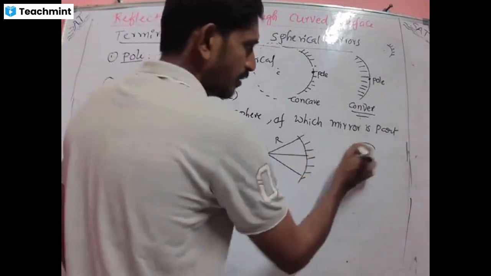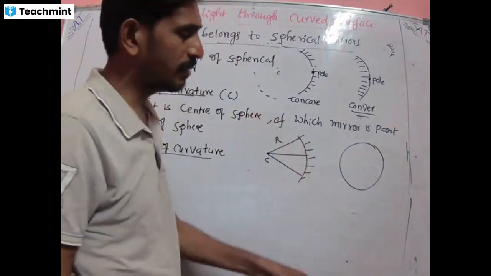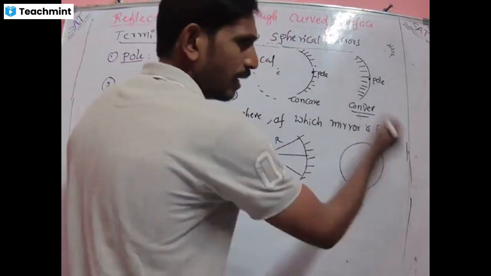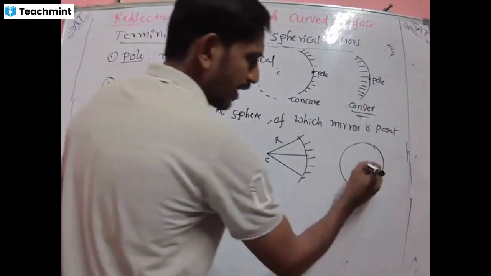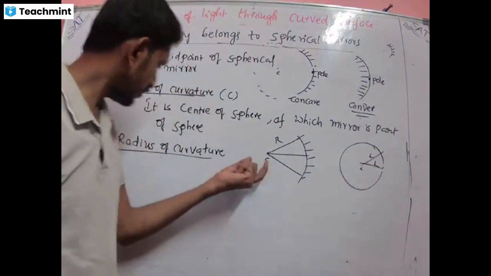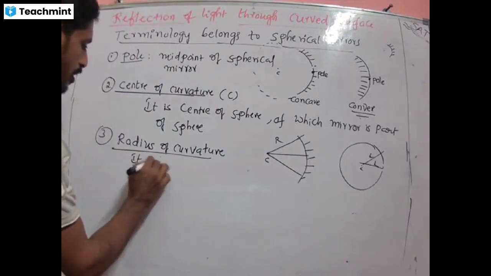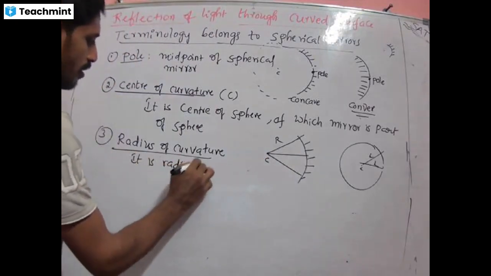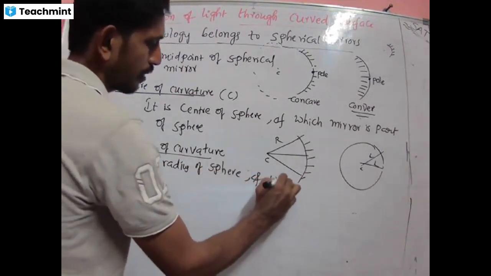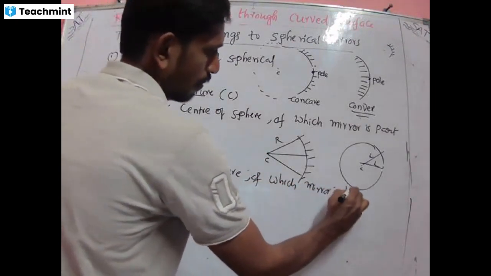If you take a sphere or a circle, the radius is the distance between the center and any point on the circumference. This is the radius r. It is the radius of the sphere of which the mirror is a part.